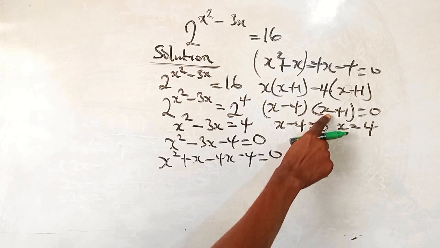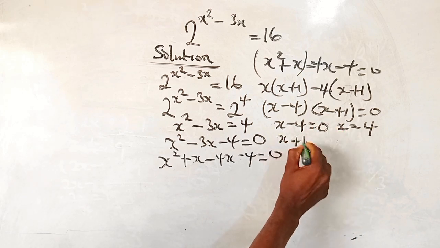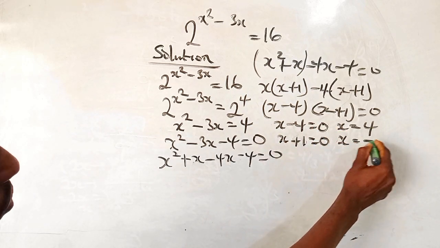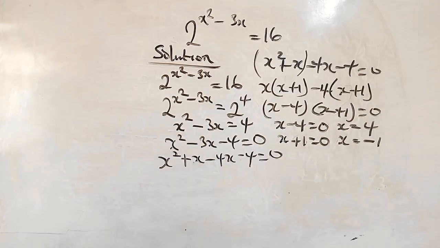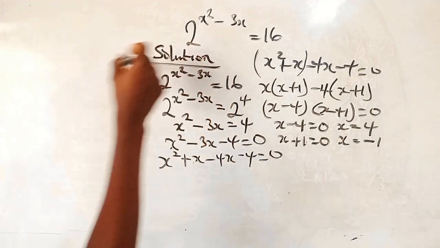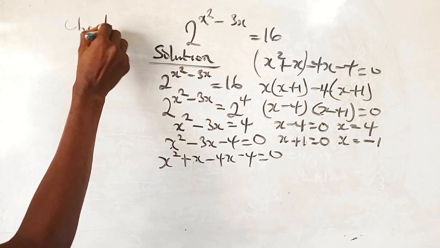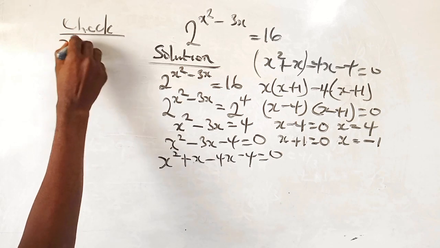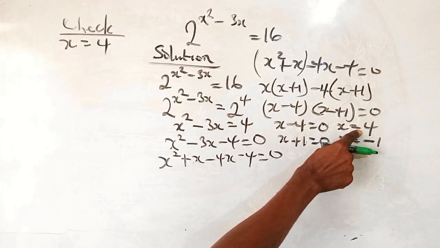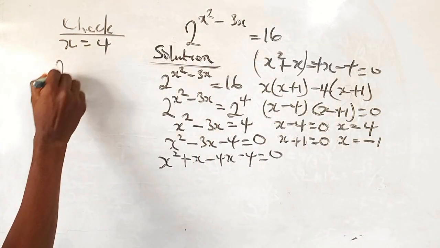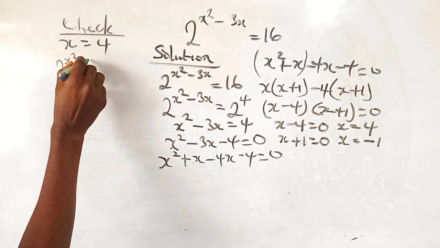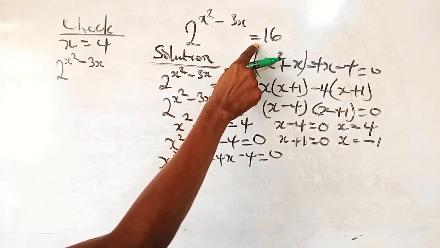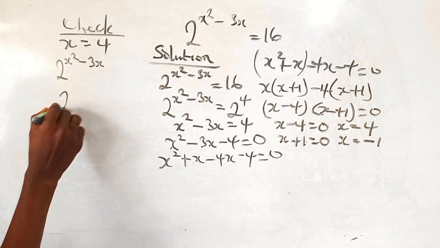And for x plus 1 to be 0, x equals minus 1. When we check x to be 4 in this equation, we have 2 raised to the power x squared minus 3x, which should be 16.